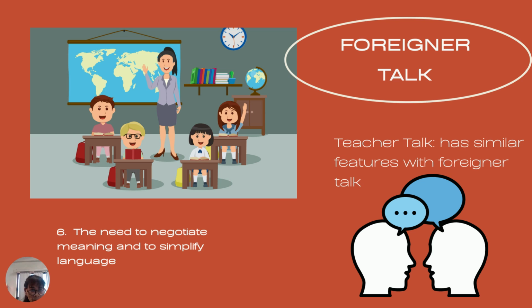Number 6. The need to negotiate meaning and to simplify language. Students need to negotiate meaning and simplify the language to apply to daily life scenarios, such as going shopping and talking to the cashier in English, so they can practice their negotiation skills and many other scenarios we can create for them to practice.